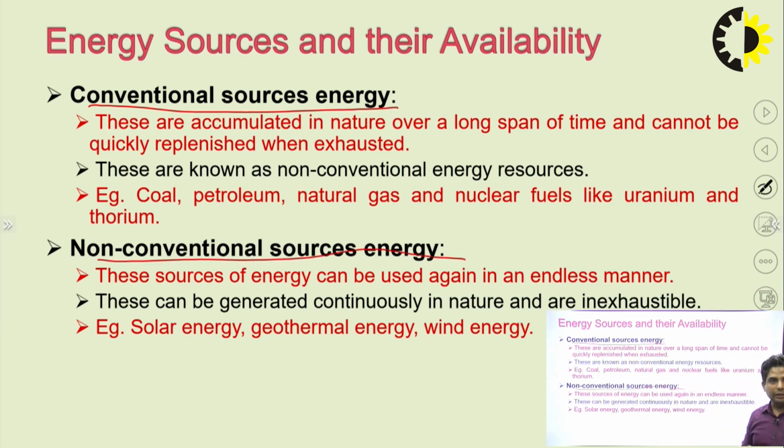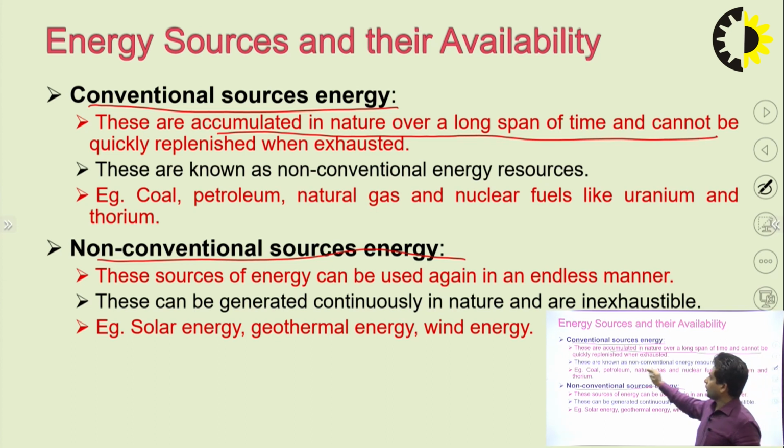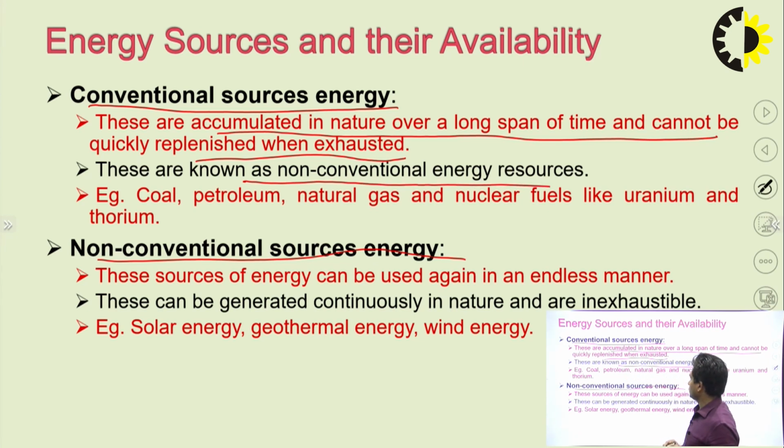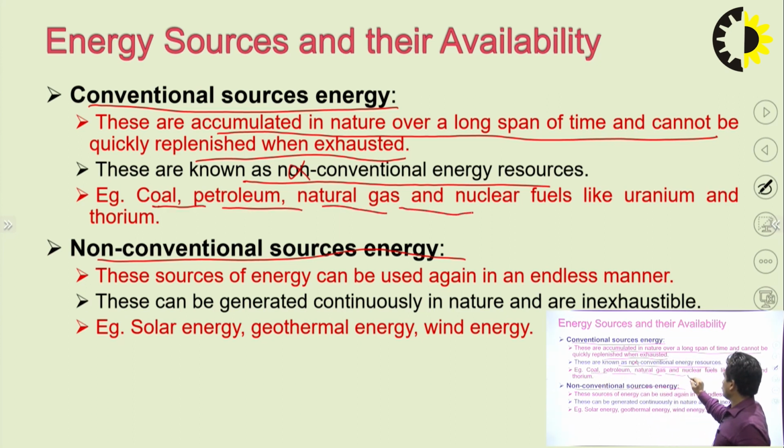So let us discuss the basic difference between conventional and non-conventional. Conventional sources are accumulated in nature over a long span of time and cannot be quickly replenished when exhausted. These are the coal, petroleum, natural gas, and nuclear fuels like uranium and thorium.